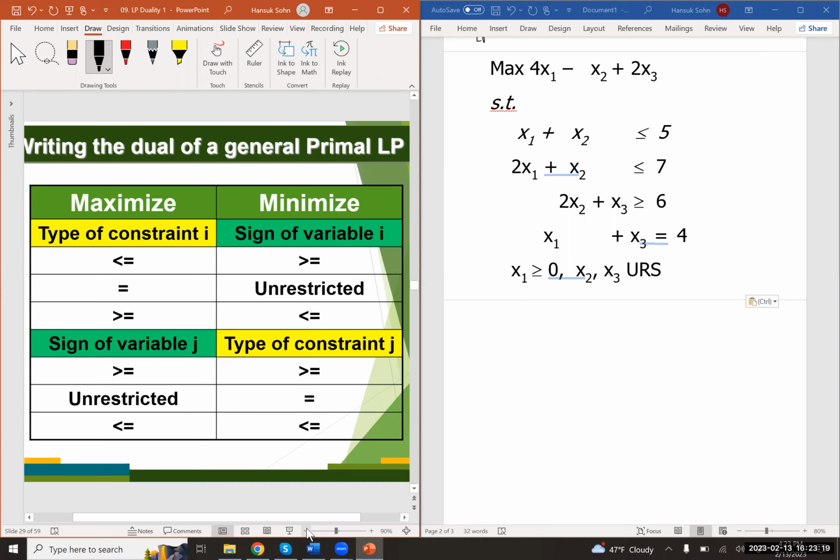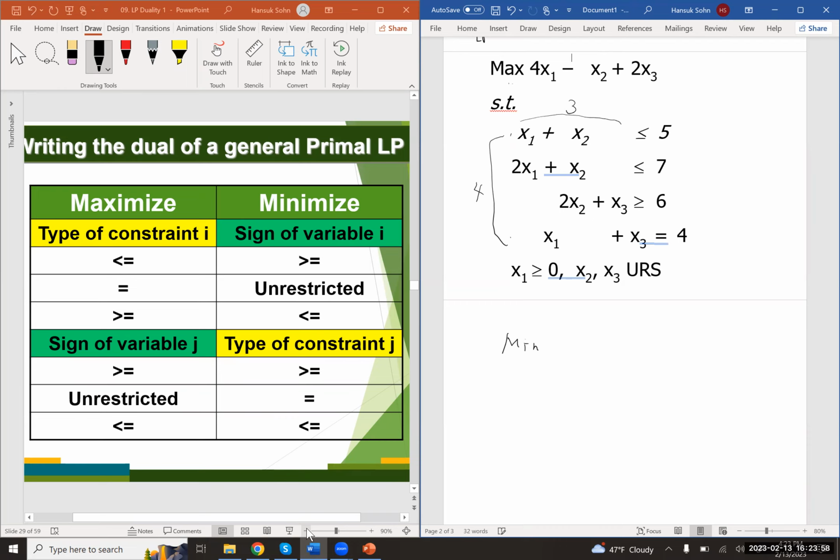Okay, now I'm going to show you how to use this conversion table. But first, because the given primal LP is the maximization problem, our dual LP is going to be the minimization problem, right? So I'm going to put minimization here. The given LP has 4 different constraints but 3 different primal variables.